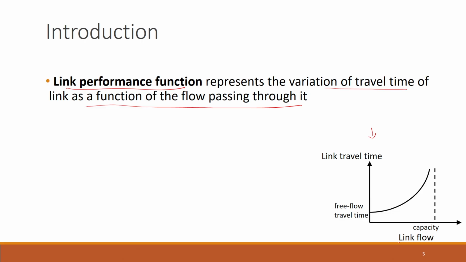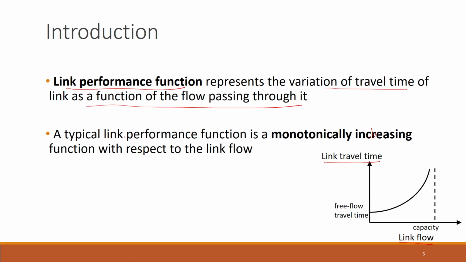On the x axis we have the link flow, on the y axis we have the link travel time. You can see that as the flow increases through this link, the travel time also increases. A typical link performance function is a monotonically increasing function with respect to the link flow, and that also matches with the intuition that as the flow through a link increases, the travel time should increase.